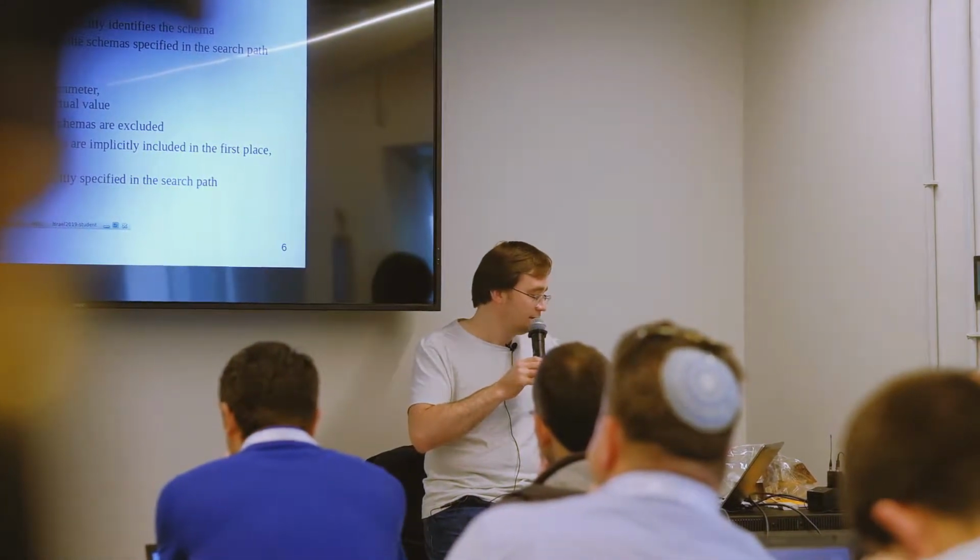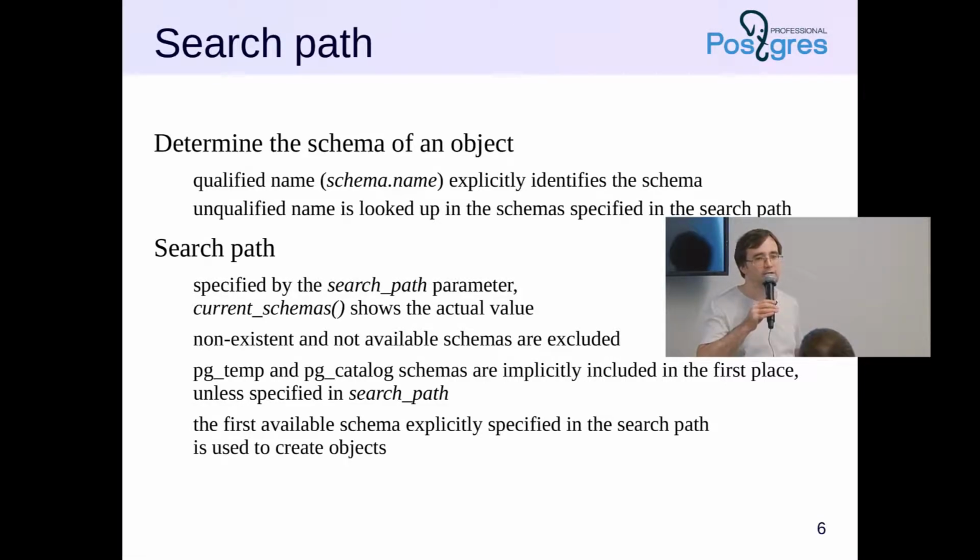In Postgres, it works almost the same way. You can specify in this parameter search path names of schemas, and Postgres will try to find your object in these schemas from left to right. In first schema where it finds your object, it will use it.